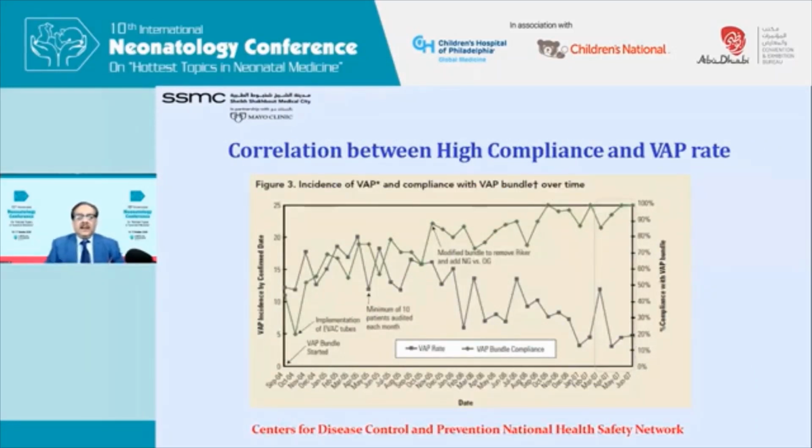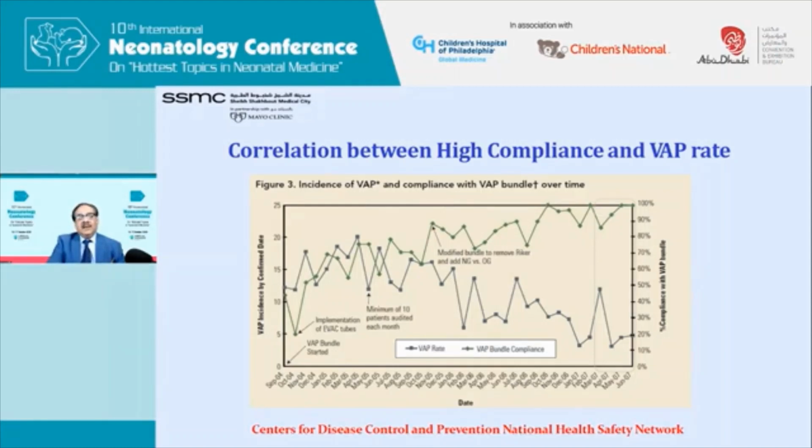Now, this is an example of the compliance from the Centers for Disease Control and Prevention National Healthcare Safety Network. In 2018, 2019, they published it. Look at these two lines. The first line, I don't know which color you are seeing, but on my screen it's blue, is the ventilator-associated pneumonia VAP rate, and the green is the VAP bundle compliance.